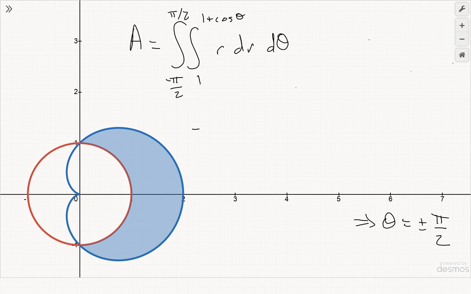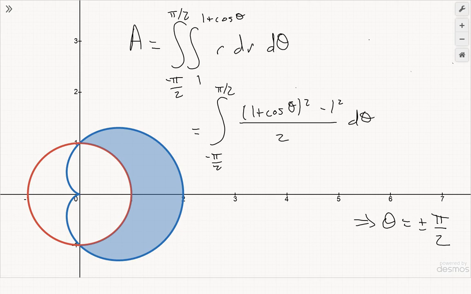Okay, so that becomes the integral from negative pi over 2 to pi over 2. We integrated r, so that'll give r squared over 2. So we have (1 plus cos theta) squared minus 1 squared all over 2 d theta.